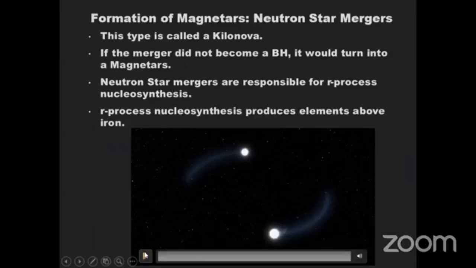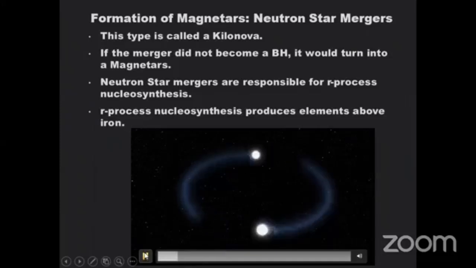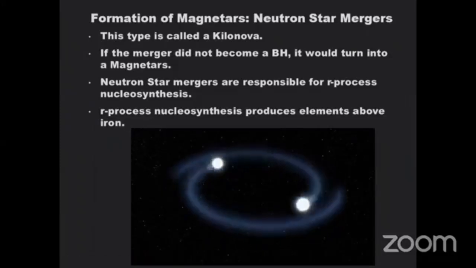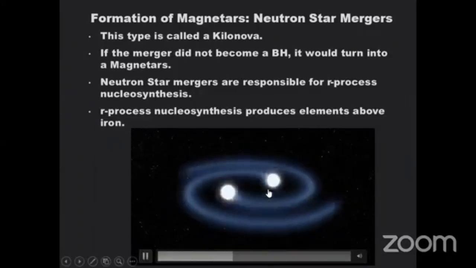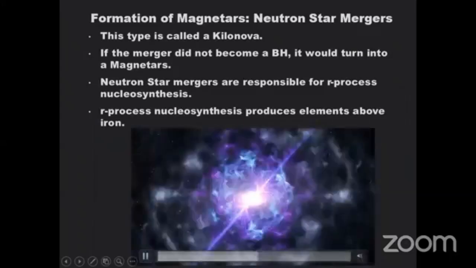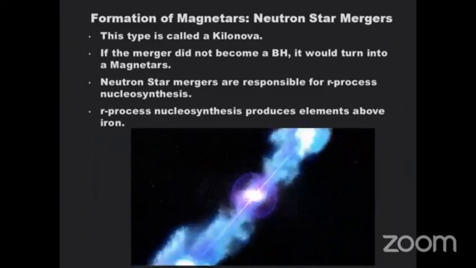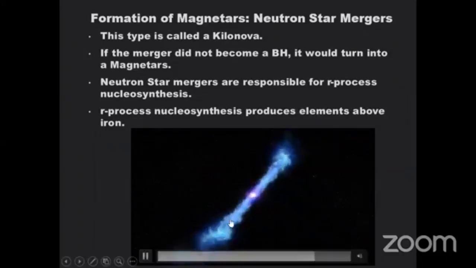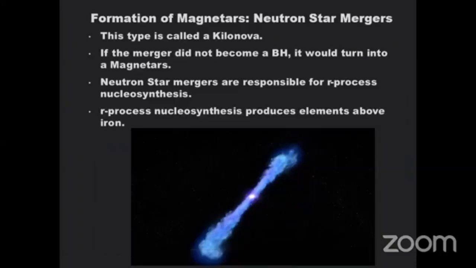These are just two neutron stars that are spinning. I've shown you this simulation before, but here the emphasis is on the merger and not the gravitational waves like I showed you before. Observe what is going on here. When these neutron stars merge, remember I told you the minimum mass of a neutron star is about 1.4 solar masses.